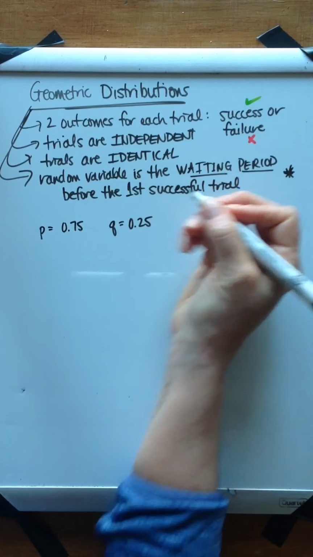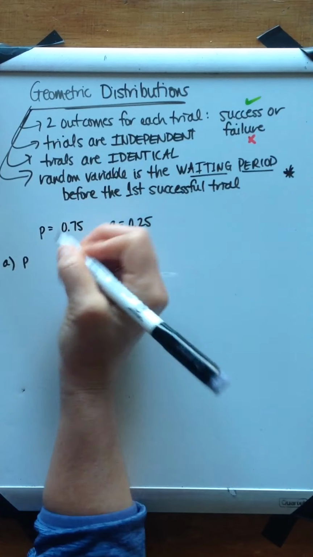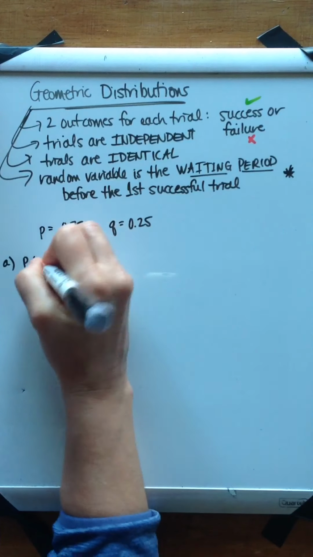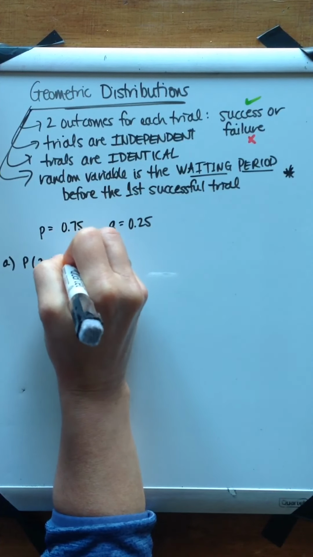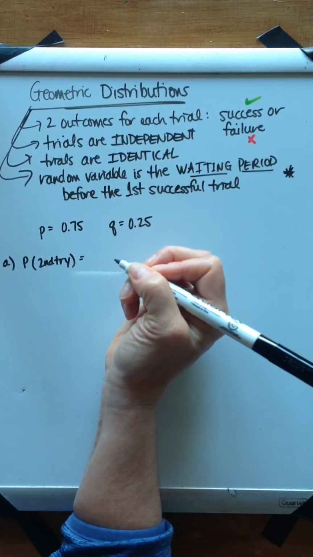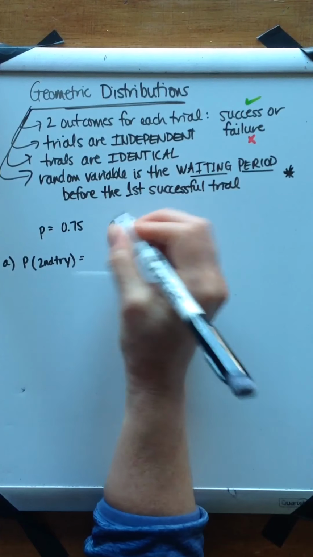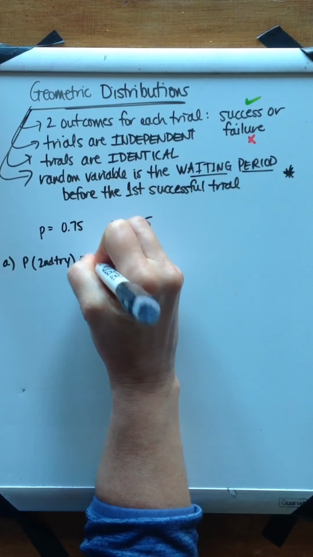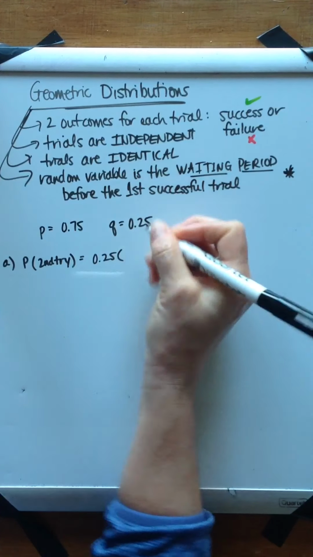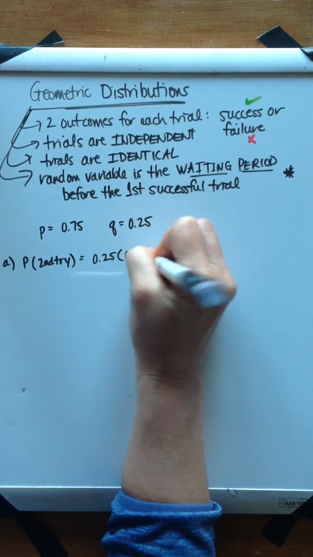So what is the probability if they sink it on the second try or their second shot? Well, that would mean that they would have to have had a failure in the first shot, which means they would have had 0.25. And then in the second shot, there would be success.